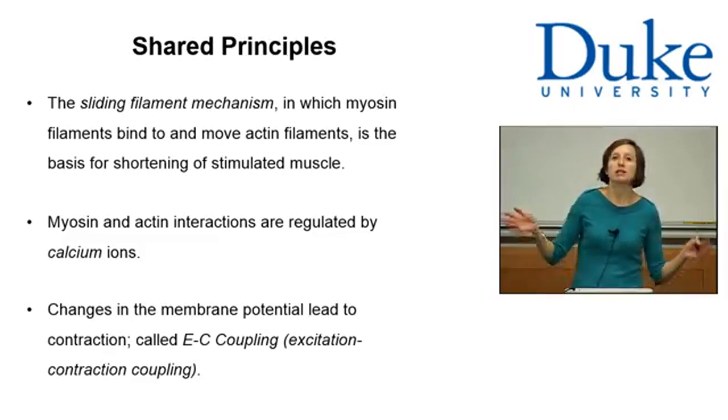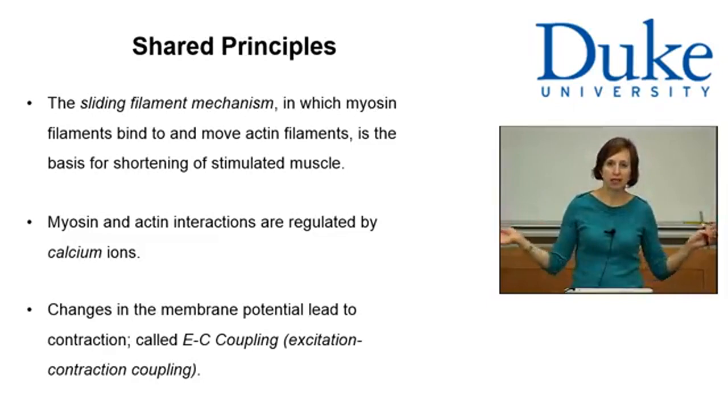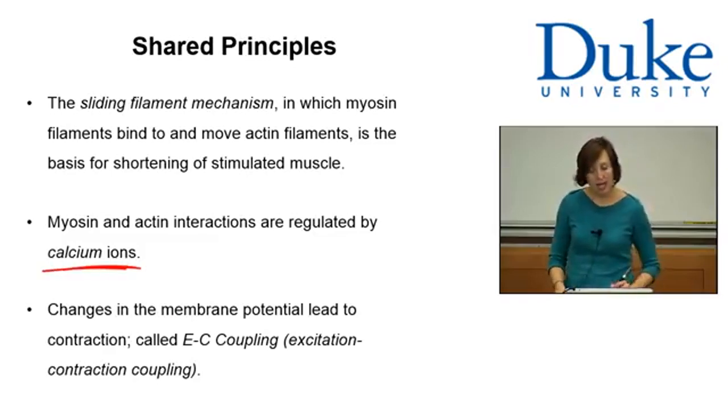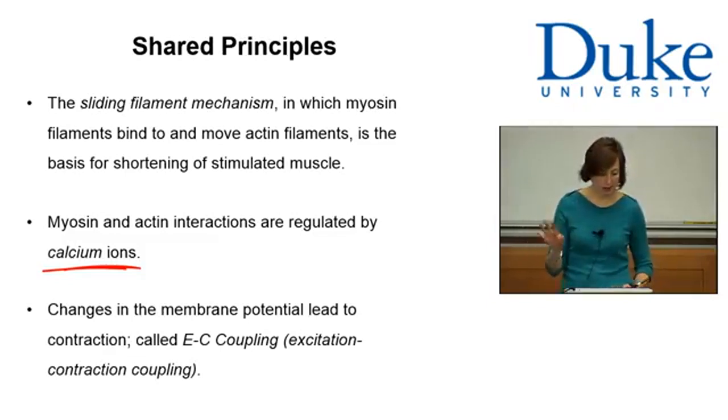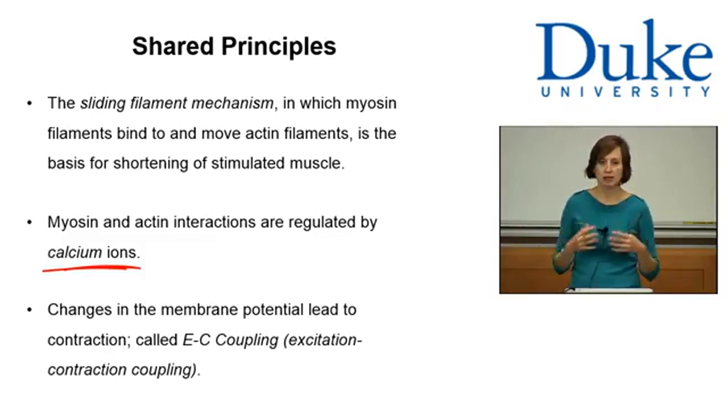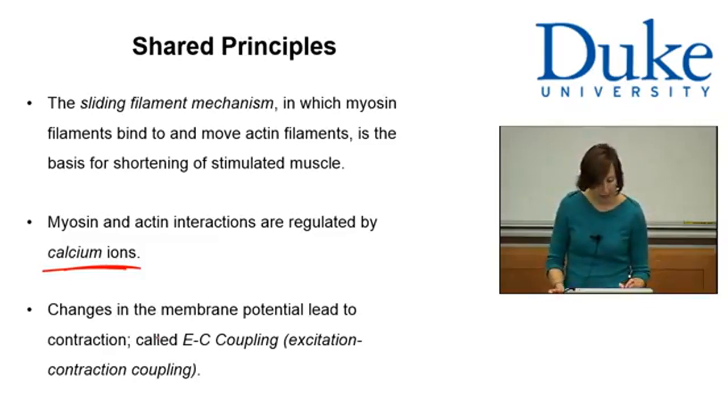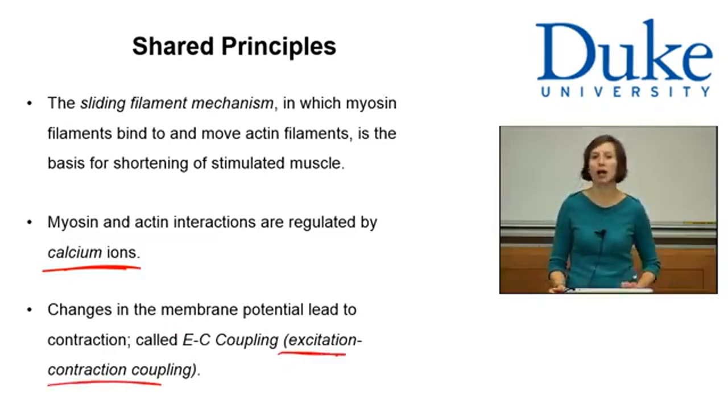Of course, we're going to want this contraction to be regulated, and in all three cases it's going to be regulated by calcium ions. The manner will be slightly different or radically different between the three muscle types, and we'll be talking about that in the future. And then, at least in some cases, if not all cases, depending on the muscle type, what is going to lead to contraction are changes in membrane potential. And so this is called excitation-contraction coupling. And we'll be talking more specifically about how that happens in each of the three muscle types.